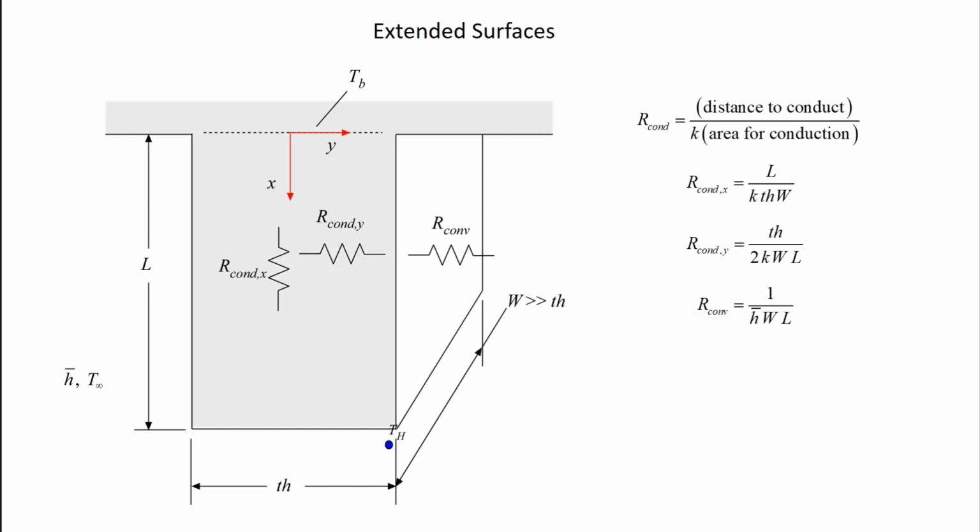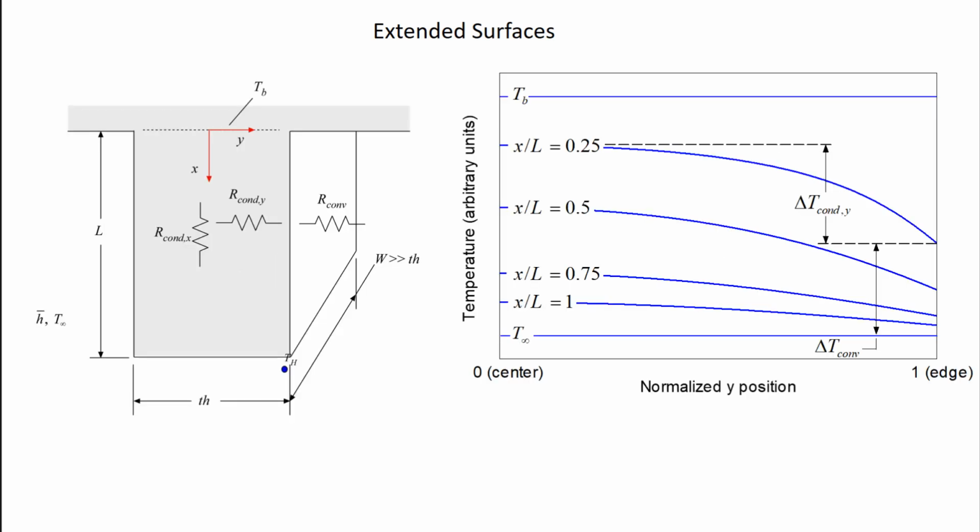And I can actually see, if I go back to this plot here, the impact of each one of these resistances, right? As I move energy through a resistance, that's going to cause a temperature drop in the direction the energy is moving. So I should see a temperature drop associated with the conduction resistance in the X direction, and sure enough, as I move from the base along the fin in the X direction, this drop from line to line to line is related to how big this conduction resistance is.